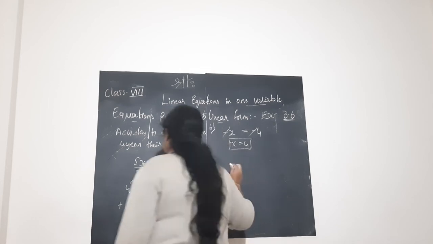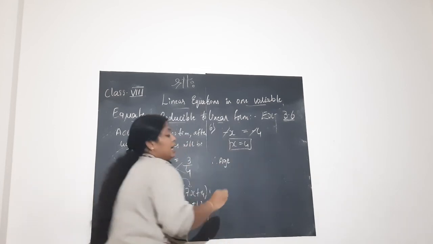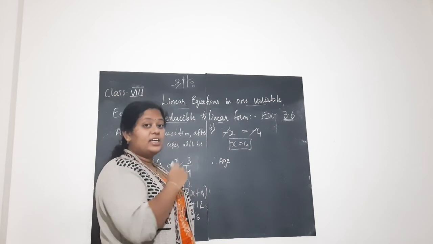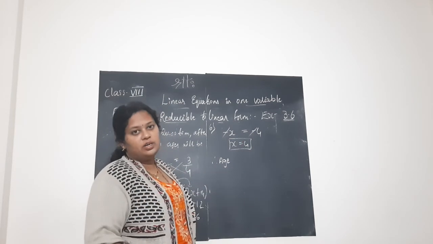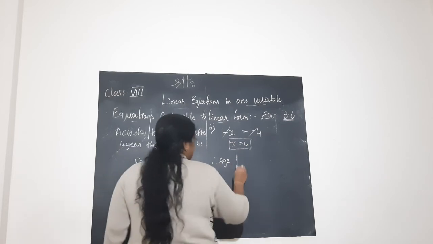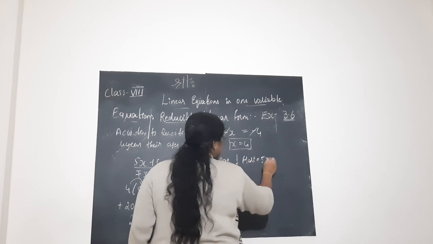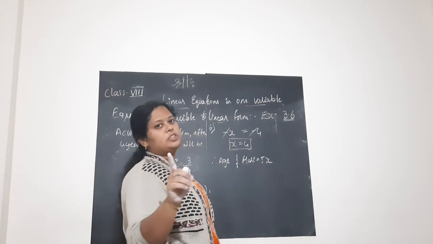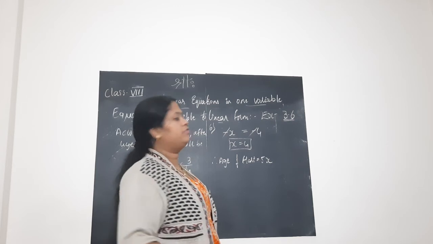This is not the end of the problem, children. We are not finding out their ages after 4 years, but they are asking us to find their present age, children. So age of Hari is equal to 5x we should take, but not 5x plus 4. Why? We are finding out their present age and not their age after 4 years.